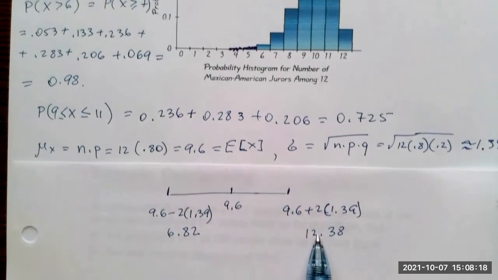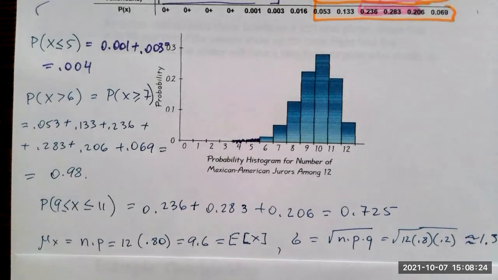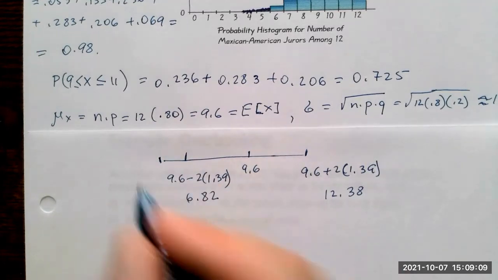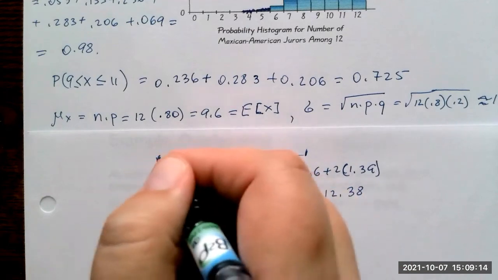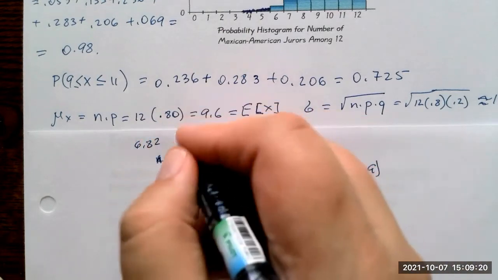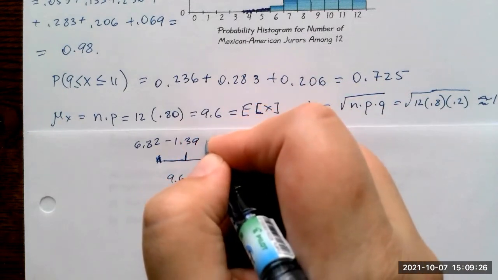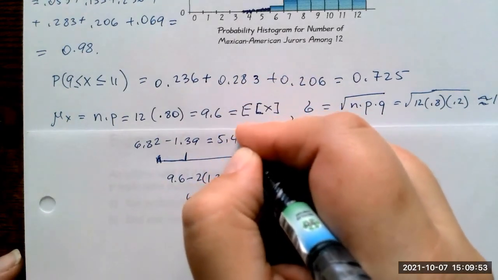So if we got a jury that had fewer than 5 Mexican American jurors, would that be an unusual value? Good question. Let's find the abnormal value. An abnormal value would be even one more standard deviation out, on this side and on that side, but we're going to find only the bottom one. That would be 6.82 minus 1 standard deviation, and that value is 5.43.